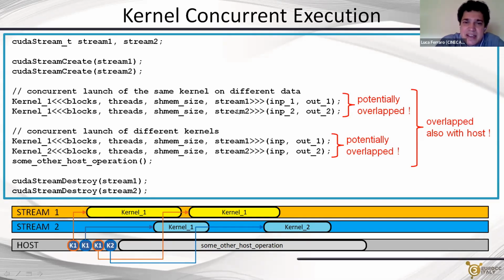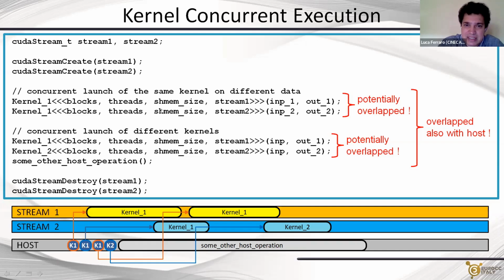As you can see, you can choose in which stream other than the default stream, stream 0, you want to run a kernel, specifying it as the fourth argument of the execution configuration of the CUDA kernel launch syntax, which is this triple minor, minor, minor, major, major, major syntax.